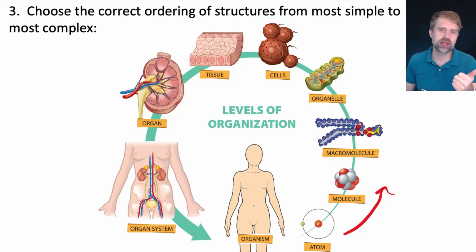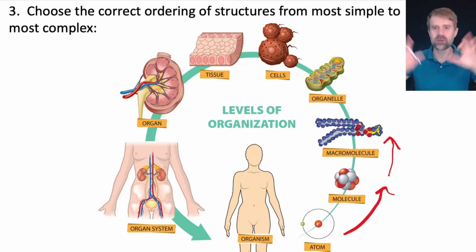Those are things like carbohydrates, proteins, nucleic acids, lipids, stuff like that. Okay, so then macromolecules are getting bigger. And then at this point, I like to skip a little bit on this levels of organization chart because I think it's a little bit more complicated than it needs to be.